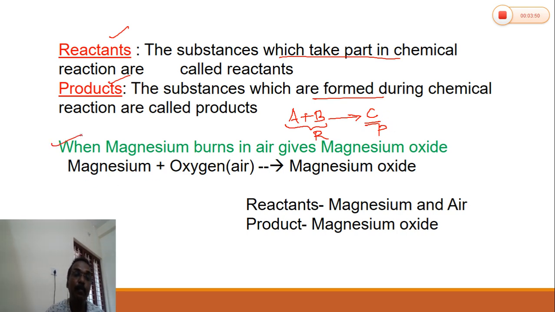Here is one example. When magnesium burns in air, it gives magnesium oxide. Magnesium plus oxygen gives magnesium oxide. Here, magnesium and oxygen are reactants and magnesium oxide is the product.